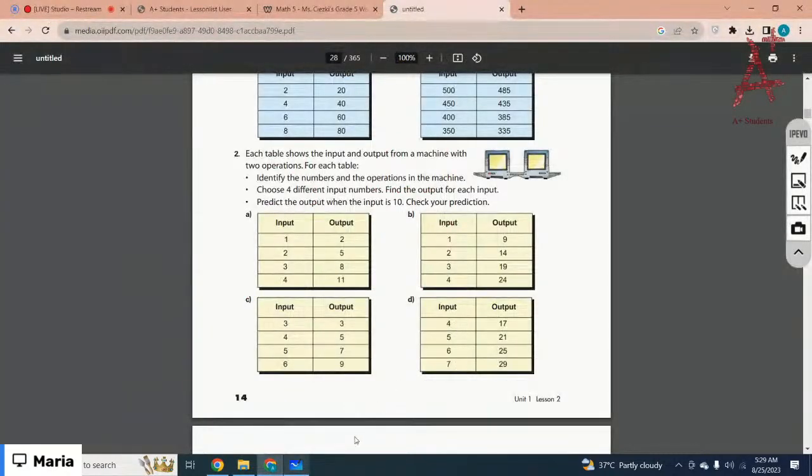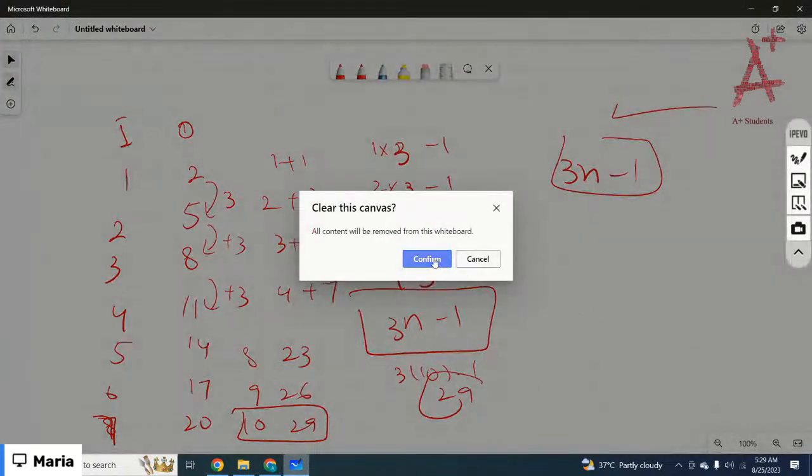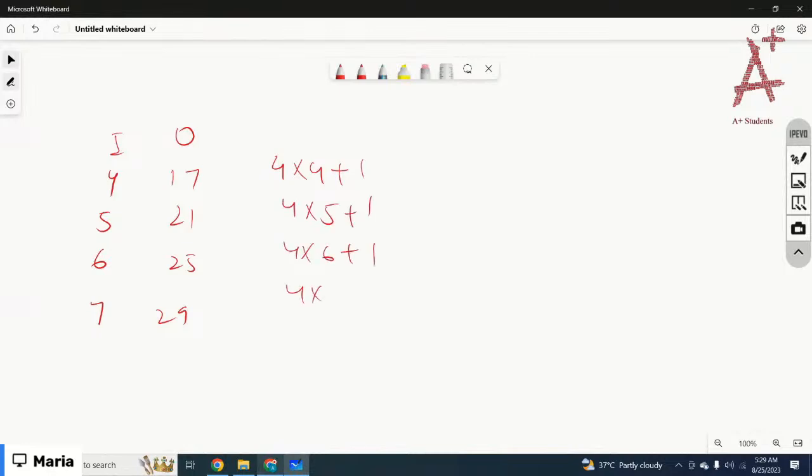Let's just do D. Input 4, 5, 6, 7. Output 17, 21, 25, 29. It would be 4 times 4 plus 1, 4 times 5 plus 1, 4 times 6 plus 1, and 4 times 7 plus 1.